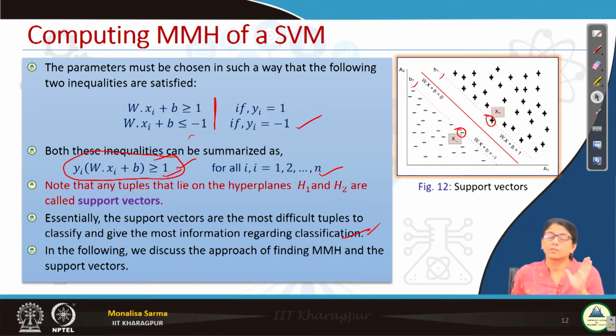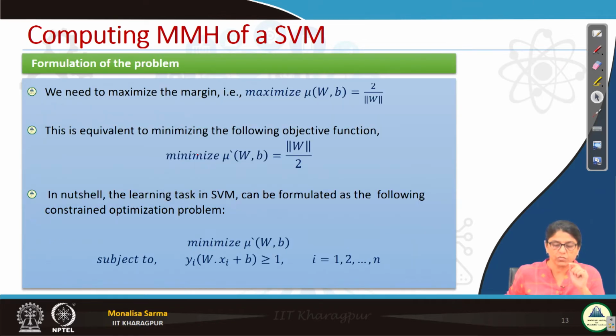So now what we need is that our margin should be this margin. Our margin is nothing but 2 by magnitude of W, and this is the constraint which should be satisfied. Now, can't we put it as an optimization problem? Basically, first we need to maximize the margin. Maximum margin hyperplane means our margin should be as high as possible.